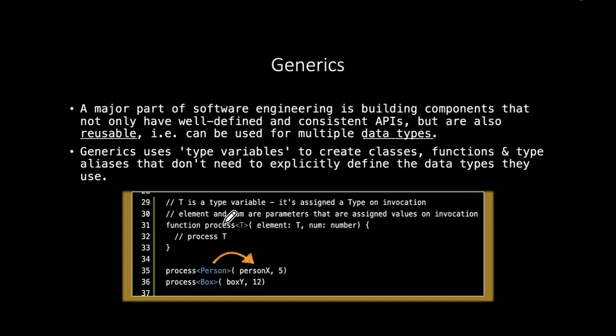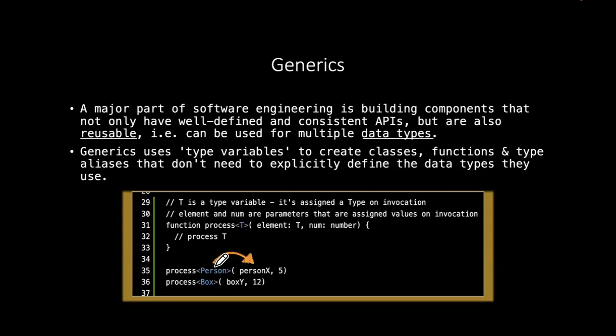Now, when I invoke this function, I have to indicate a value for T, but the value is going to be a type, not an actual literal value. For example, here I'm invoking process and I'm assigning the type person.